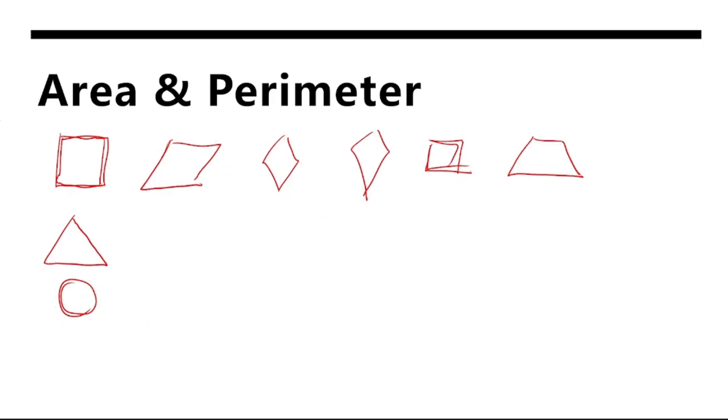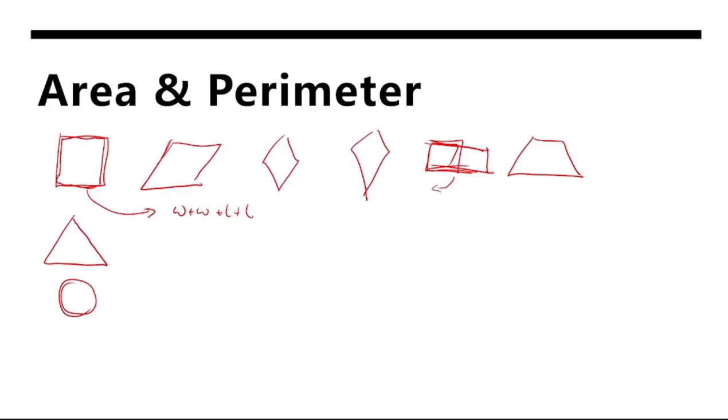Now moving to perimeter. For squares and rectangles, oh, this looks like also a square. Let's draw it like this. We'll have width plus length plus width plus length, both for square and rectangle.